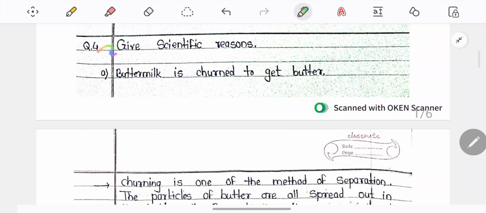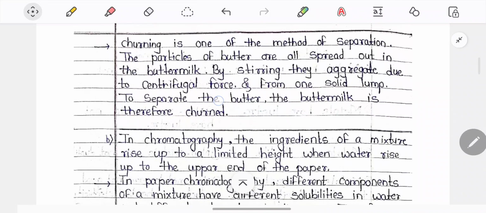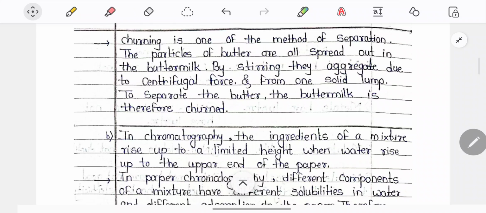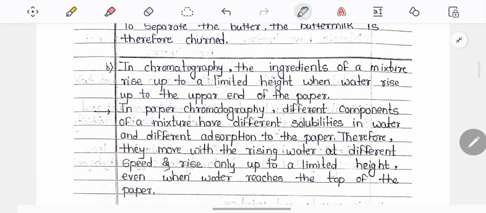Here is question number 4. Give the scientific reason. First question: buttermilk is churned to get butter. We have given the very short answer here. You can read and write. Second question: in chromatography, the ingredients of the mixture rise up to a limited height when water rises up to the upper end of the paper.